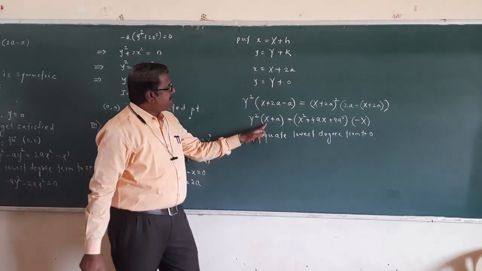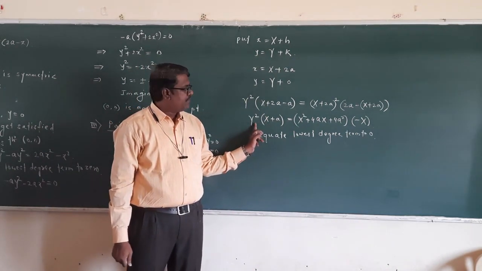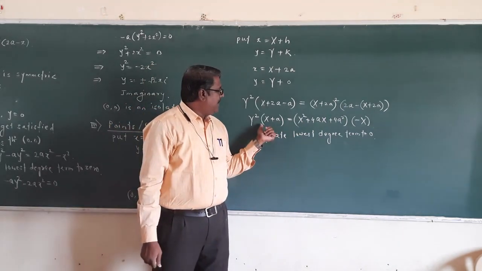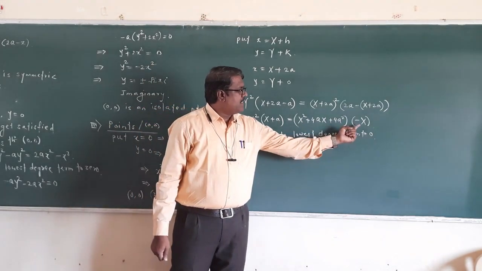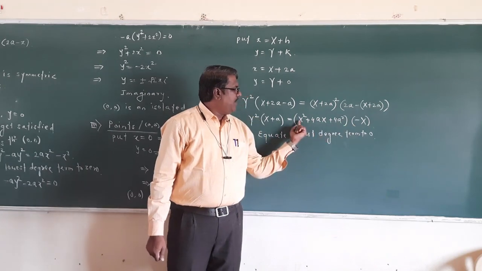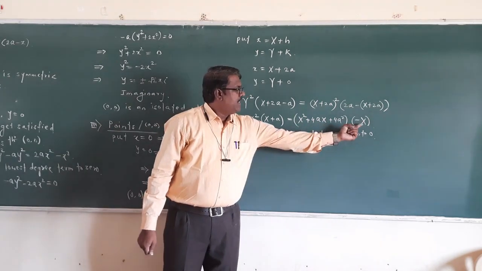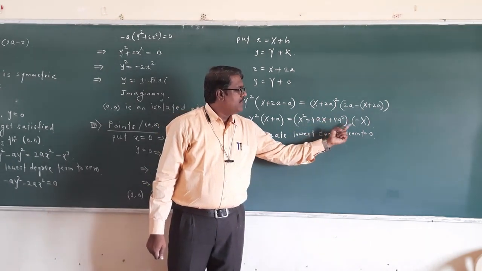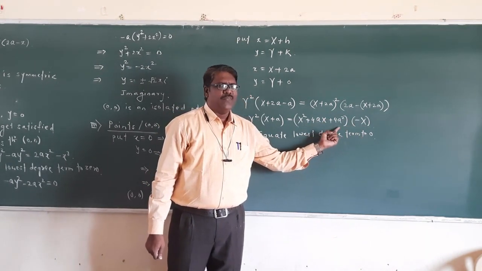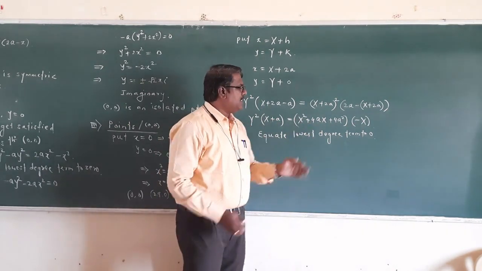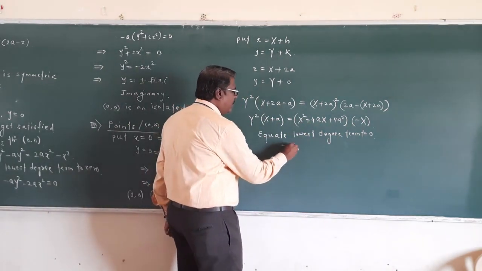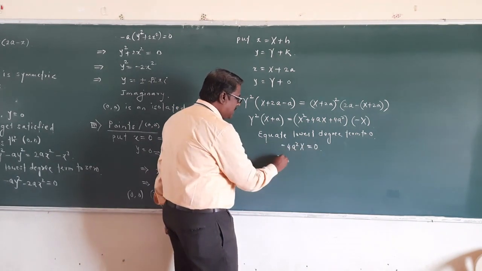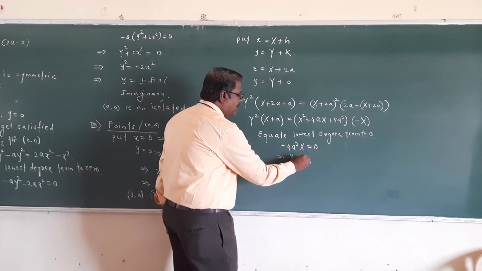Now x into y square degree is 3, a into y square degree is 2. So here degree 3 and degree 2. On the right hand side, capital X into x square degree 3, capital X into x degree 2. Here this is the constant term, so x into constant term degree is 1. So here the lowest degree term is minus 4a square into capital X is equal to 0, and this implies capital X is equal to 0.